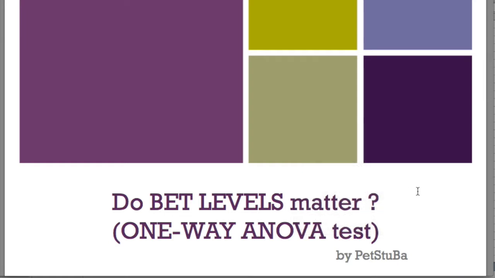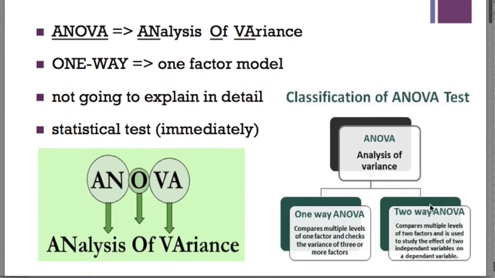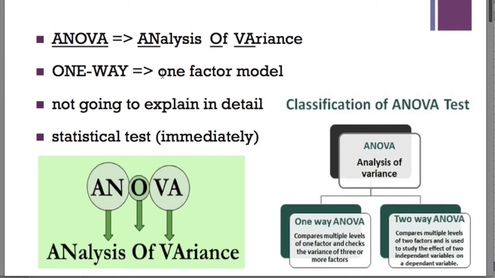In this video I will talk about do bad levels matter, and I will do a one-way ANOVA test. First, some initial thoughts. ANOVA is short for analysis of variance. It's a one-way ANOVA, so it means it's a one-factor model.